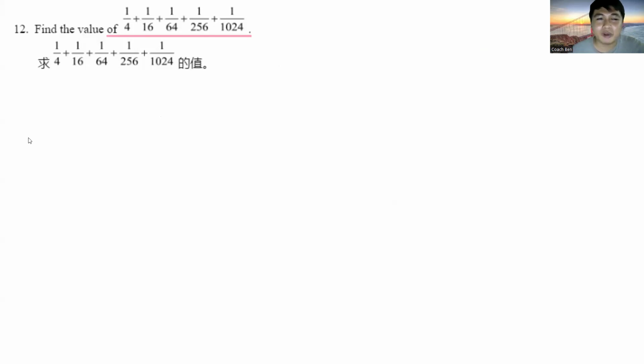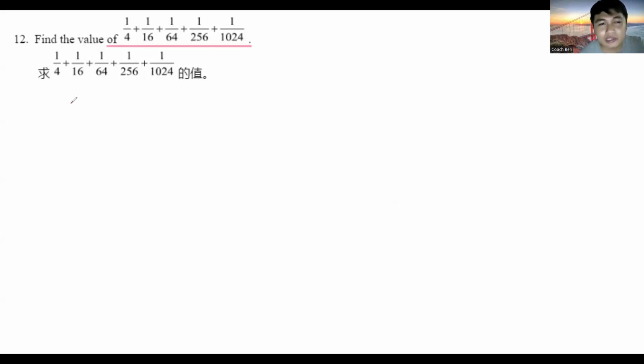Find the value of 1/4 plus 1/16 plus 1 over 64 plus 1 over 256 plus 1 over 1024. Okay. Do you want to answer for number 12? Okay, how about someone else?